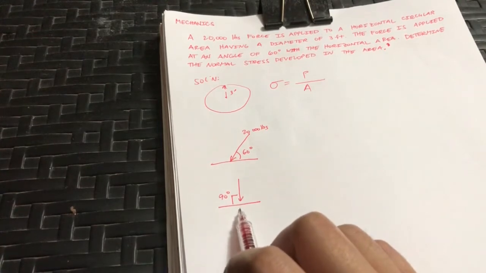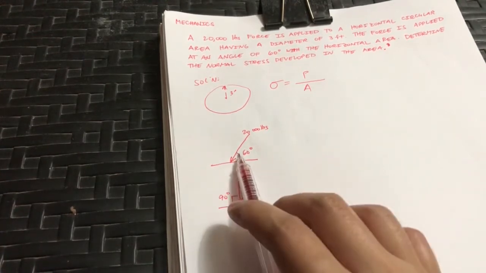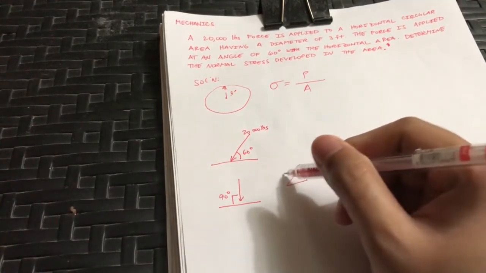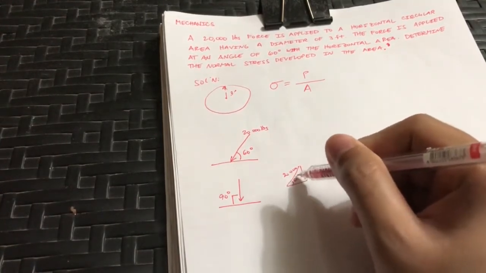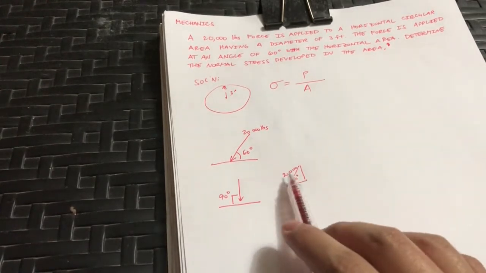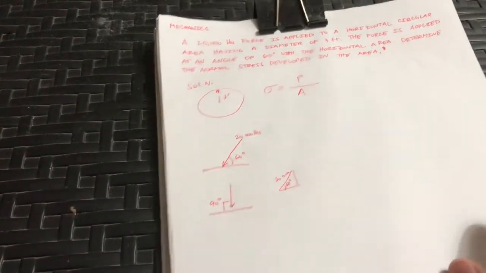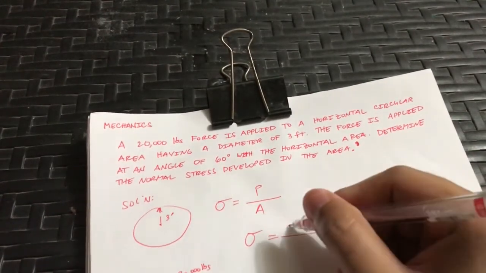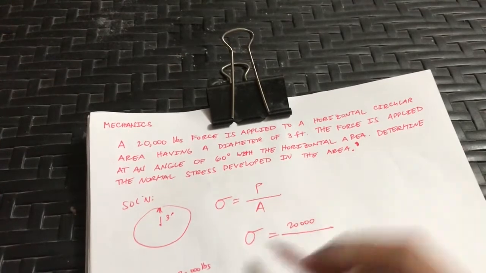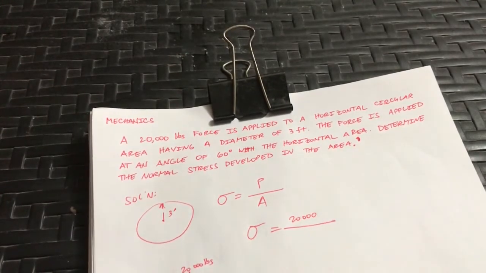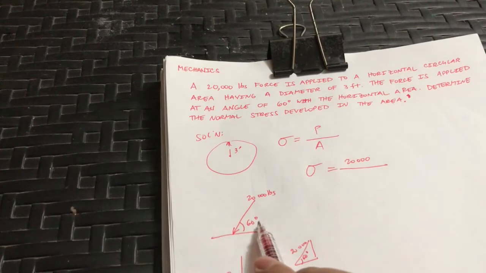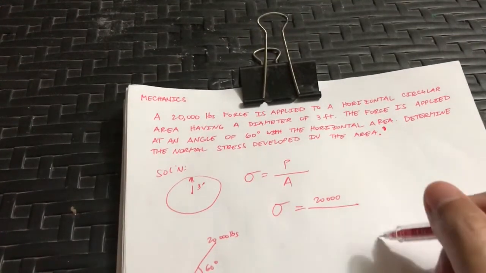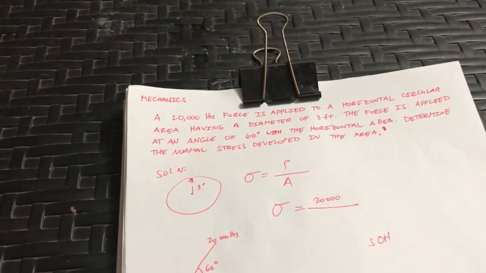So to attain this, judging by this figure, we can say this is 20,000, this is 60 degrees, and we can apply SOHCAHTOA. The load is 20,000, that is the hypotenuse, and the vertical component is opposite the 60 degrees.